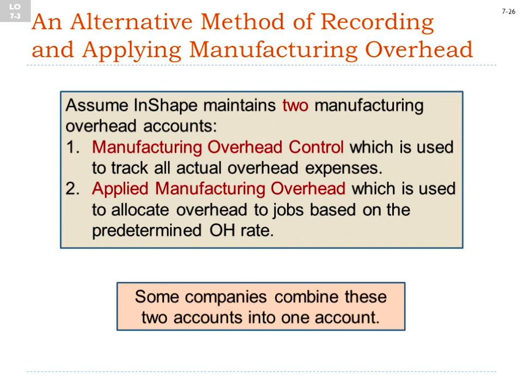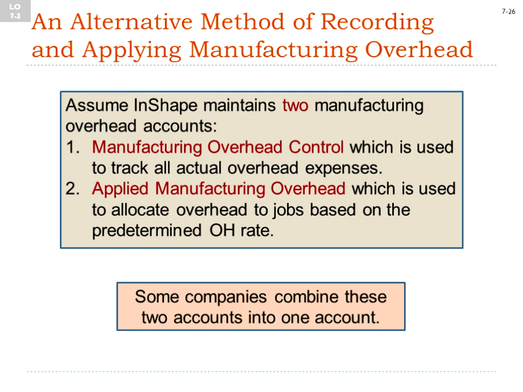So one method of recording overhead is to have two different overhead accounts. Remember what we talked about earlier. When we're allocating overhead, we don't know until the end of the period what exactly overhead is going to be.